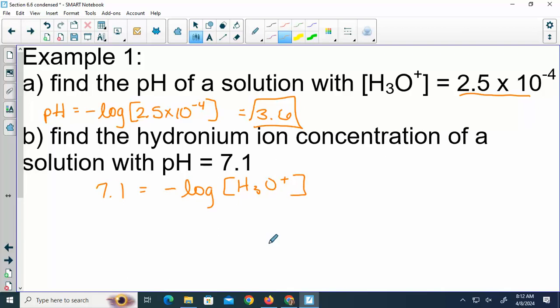What would we have to do here? Well, we can't just straight divide the entire thing. Okay, first let's move that negative. So if we divide by negative 1.